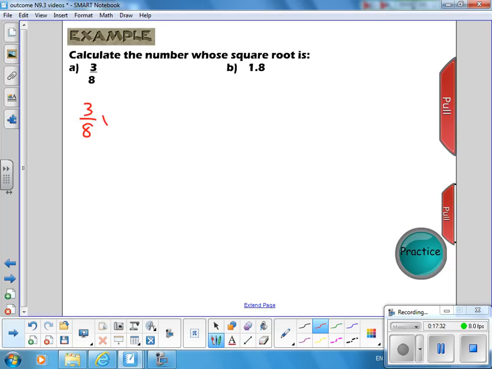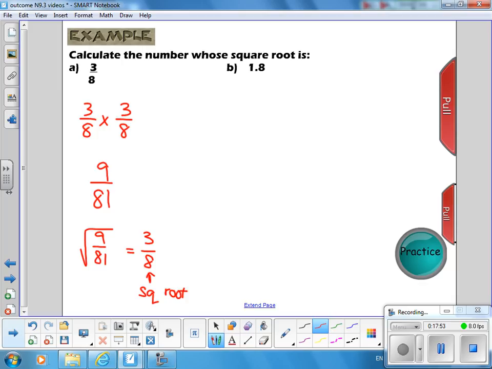This is the side length of our square. So to find the area or the perfect square value, we multiply each of these together. So we get 9 over 81. So what we are actually saying is the square root of 9 over 81 is 3/8. This is called the square root.